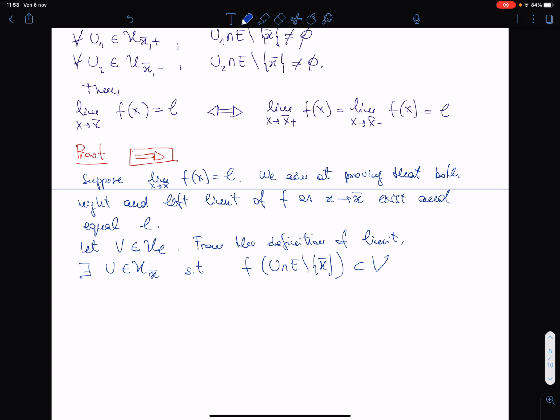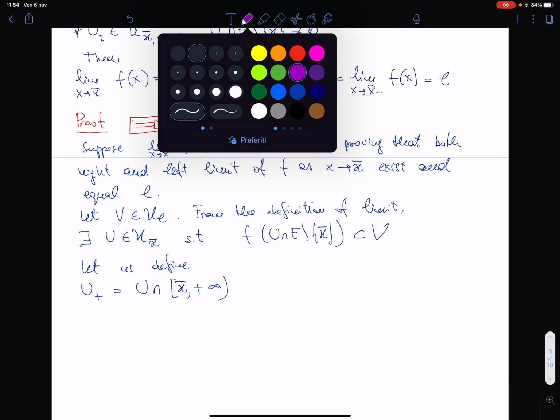Now, let us define a set U plus, which is U intersection the right half line starting from x bar. What is U plus?